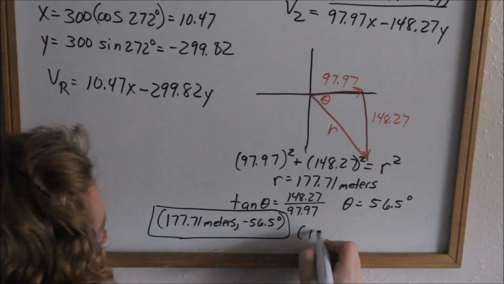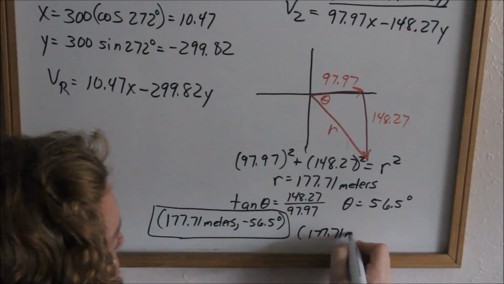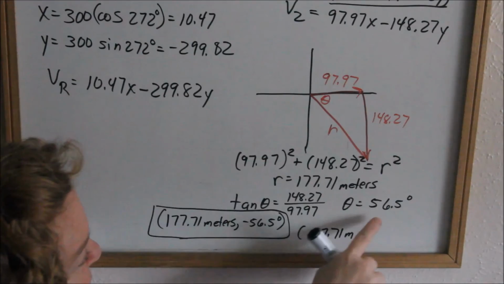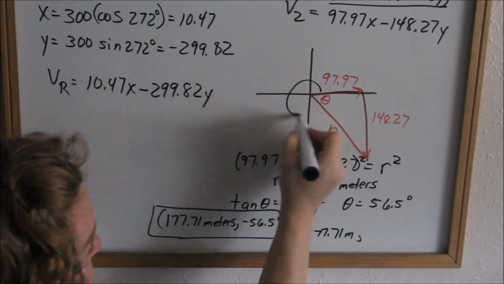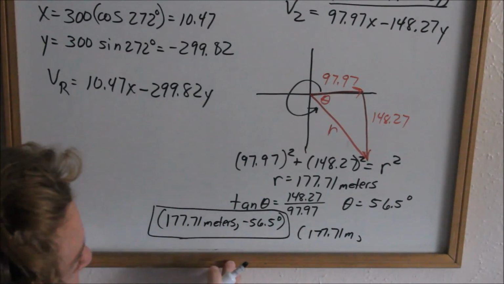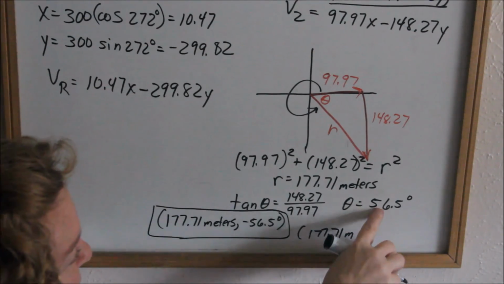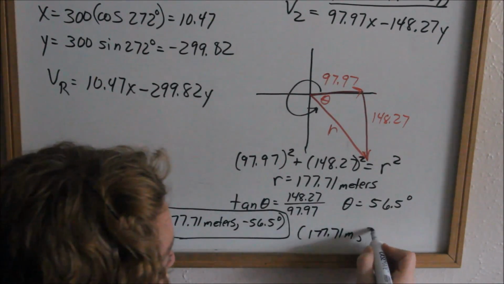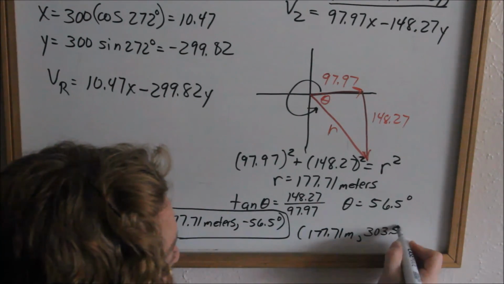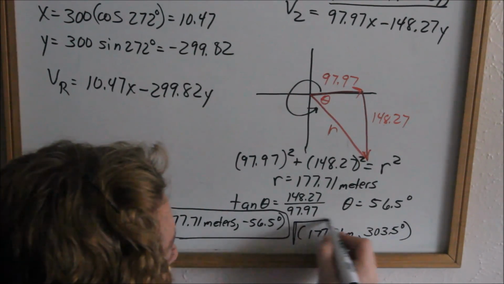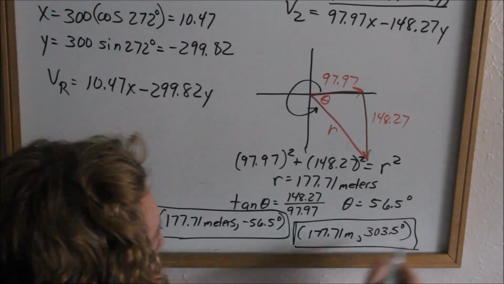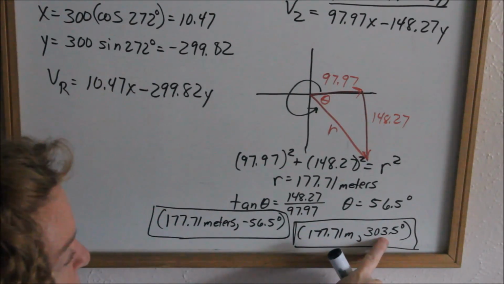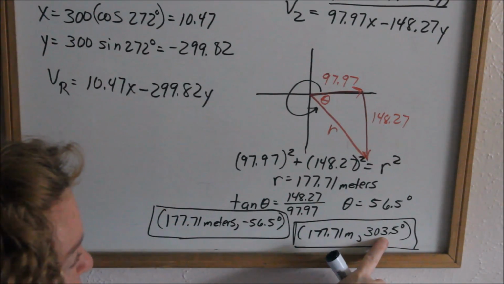Or I can say it as 177.71 meters, and then use the counterclockwise direction, which would basically be 360 minus that, and that would be 303.5 degrees. So either way, make sure that your answer will put you in quadrant 4, because that's where we said vector 2 will be.